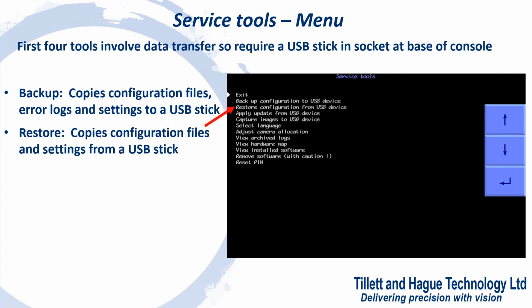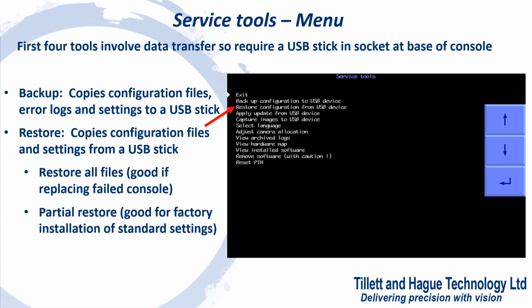The next tool does the reverse, restoring the contents of a backup.tgz file from a USB stick onto a console. You'll be offered the choice to copy all the configurations, including error logs and settings, or a partial restore of just the configurations.